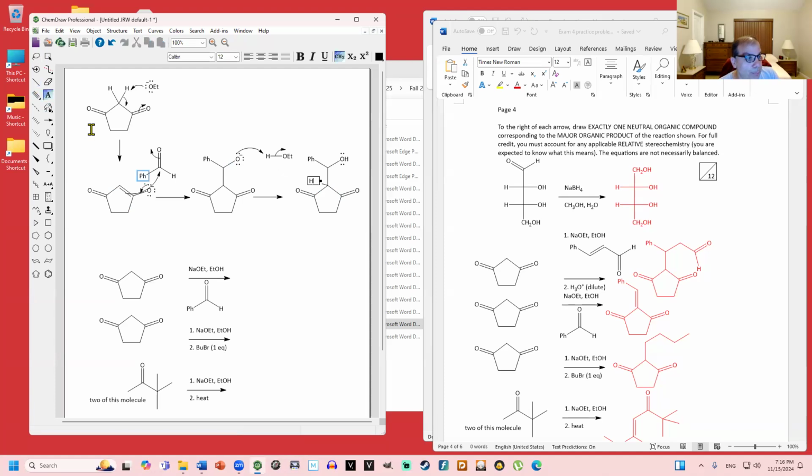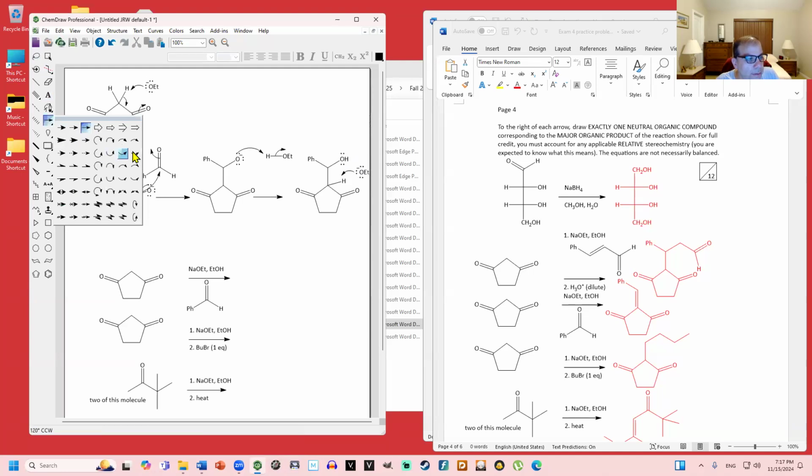So we start by deprotonating. Actually, just to make my life a little easier, I'm going to show the deprotonation on this side, but it doesn't matter. So ethoxide pulls off that proton.